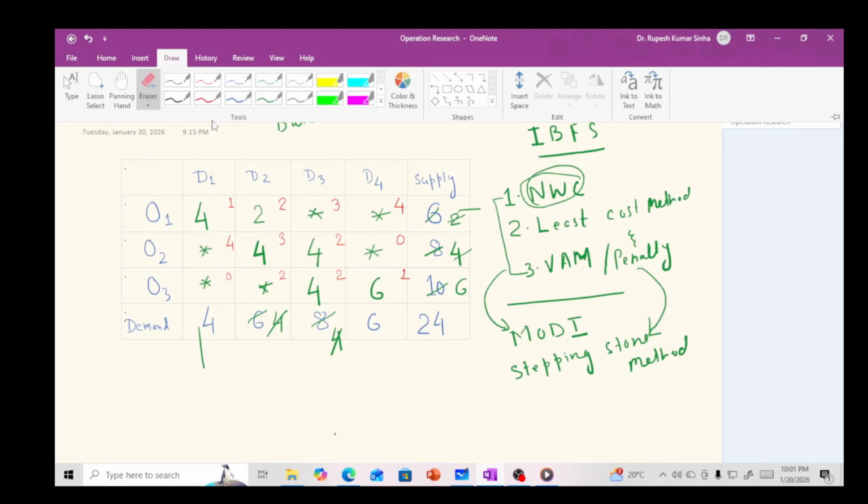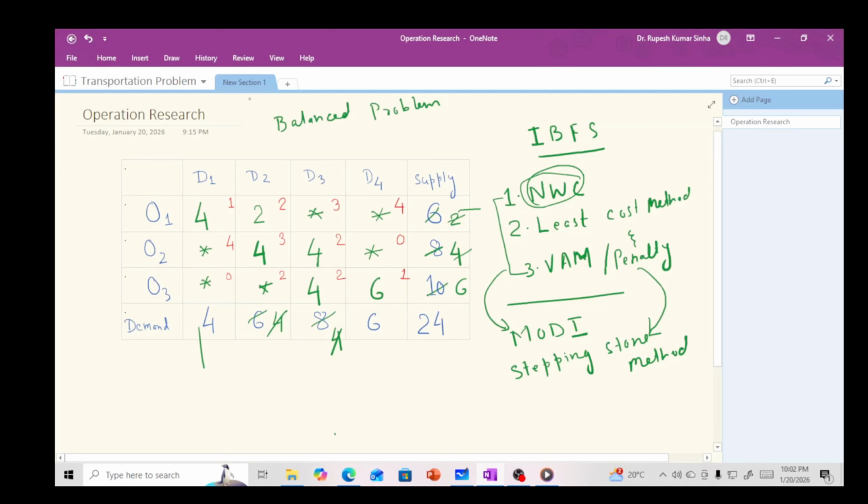So the cost is going to be, just check all the allocated places, right? 4 into 1 this place plus 2 into 2 plus this one 2 into 2.